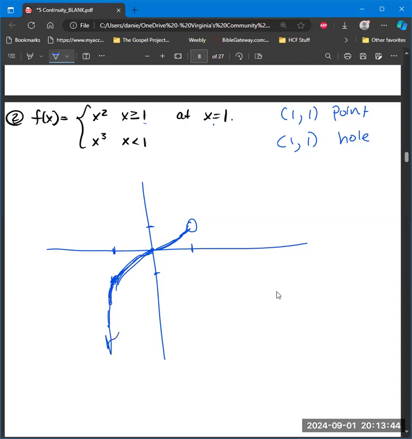And then we have a piece over here that's going to be quadratic, and it's going to keep going up and up to 4, and so on like that. All right. So this is y equals x squared, and this is y equals x cubed on this side. x less than 1, x greater than 1, like that.